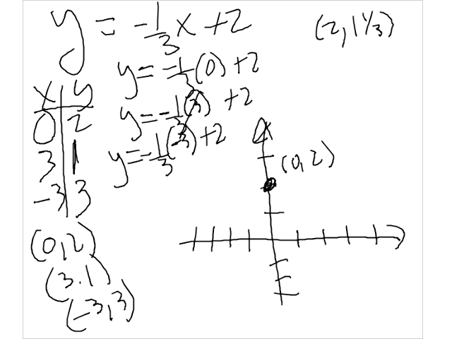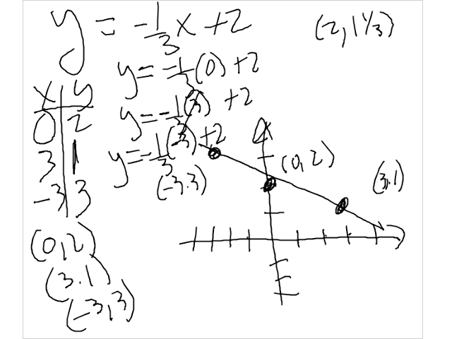Here is x equals 3, y equals 1. And the other one was minus 3 and 3. Minus 1, minus 2, minus 3. Well, even on my rather crudely drawn coordinate axis system, when I draw a line through these, they look pretty close.